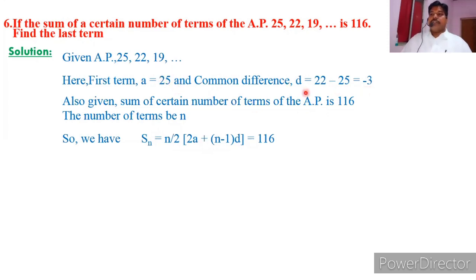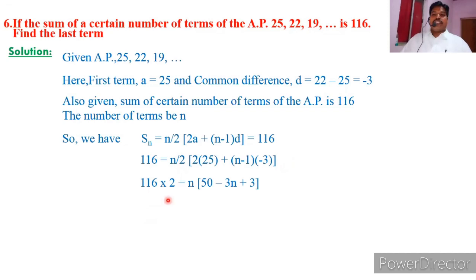Substitute these values in this equation. Sn, that is 116, is equal to n by 2 into 2 into 25 plus n minus 1 into minus 3. Replace the values here and take this 2 from n by 2 to the LHS side.